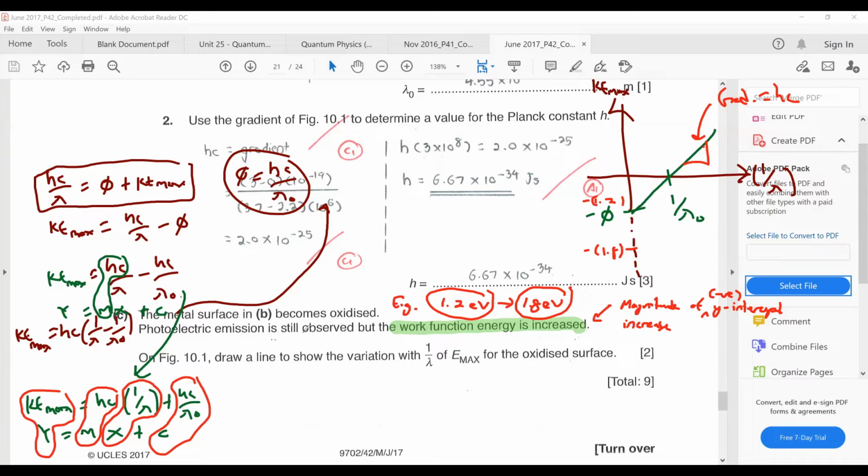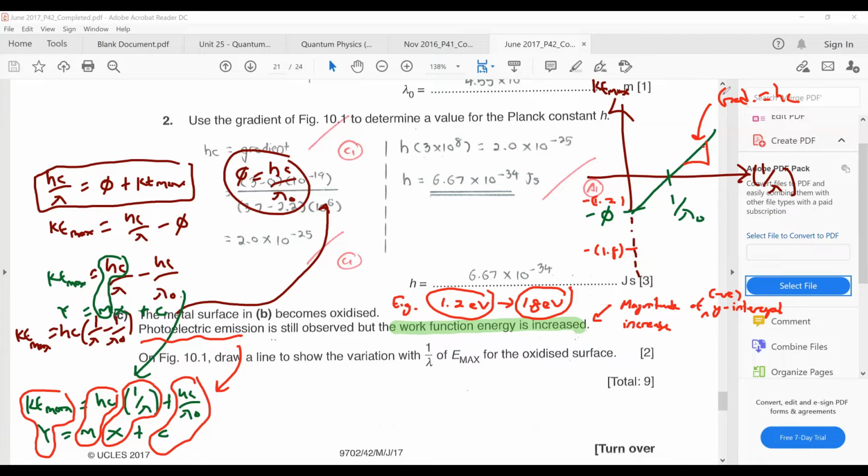So you'll be here. Now, what about the gradient of the new line that represents this? You know that photoelectric emission is represented by this equation here, so it will still give you the same general shape. Since your work function is now increased, the magnitude of your y-intercept would increase, so the line is shifted downwards a little to represent a higher work function energy. But what can I say about the gradient?